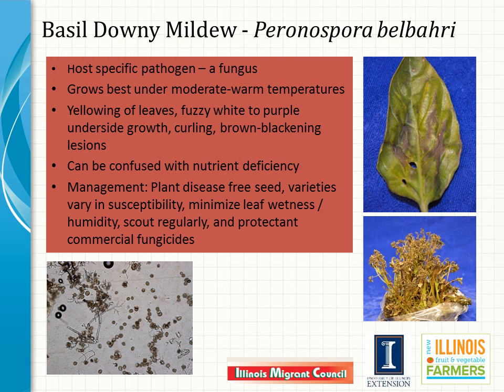It can be confused with nutrient deficiency early on. It is managed by planting disease-free seed. Some varieties are somewhat resistant. You minimize leaf wetness by watering practices. Scout regularly, and you can use fungicides to control it.